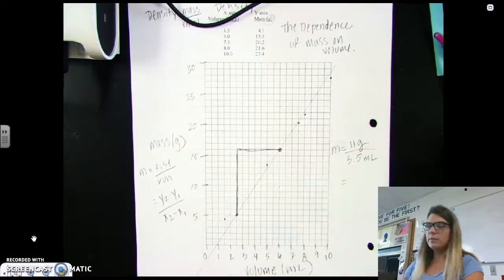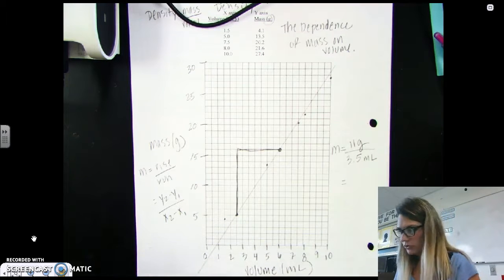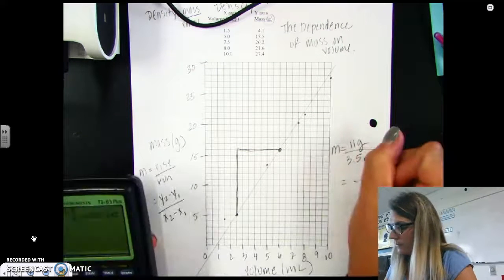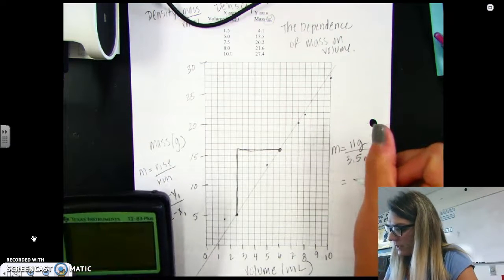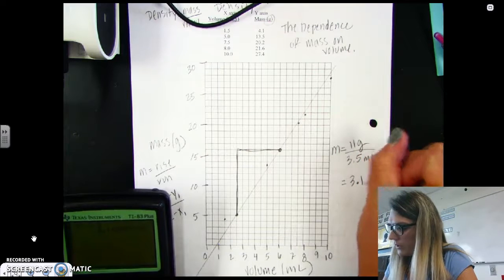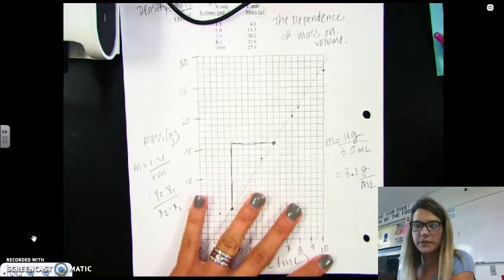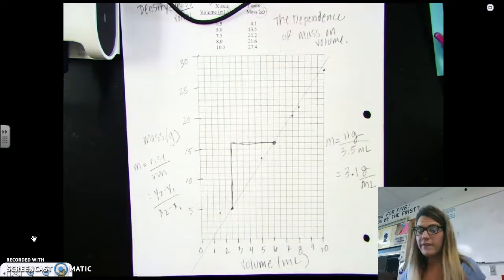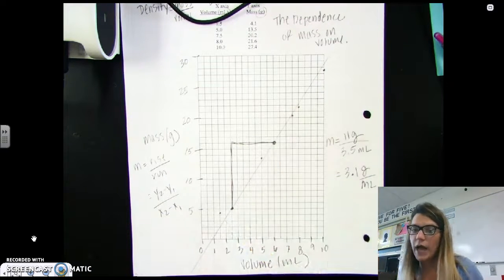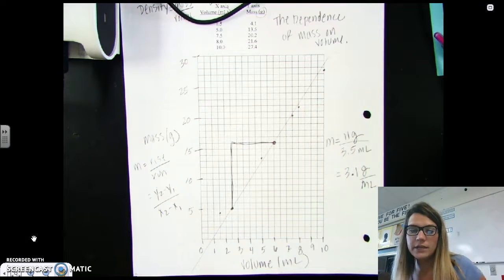If I plug this into my calculator, the slope of this line would be, with 2 significant figures, 3.1 grams per milliliter, because the units don't cancel. So if I collected this data from a lab, this information is telling me that the density of this object is 3.1 grams per milliliter.